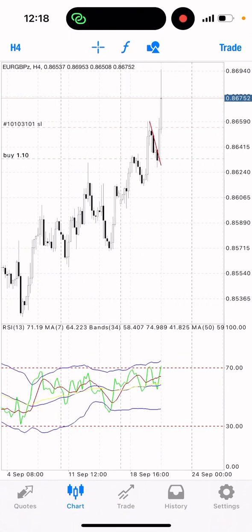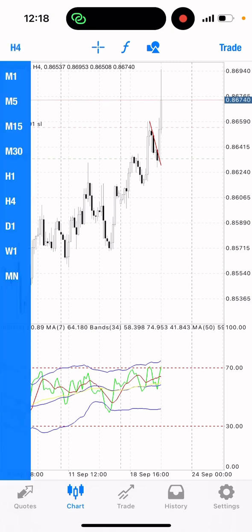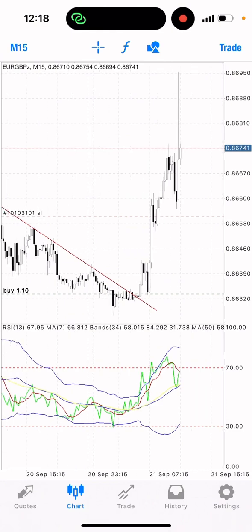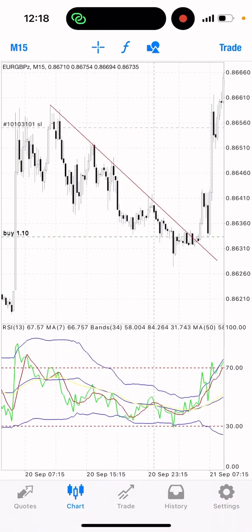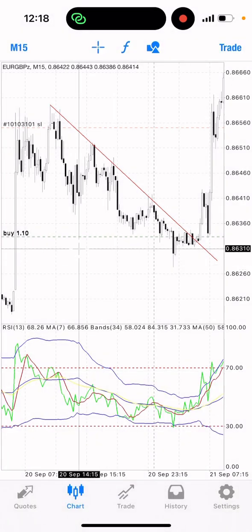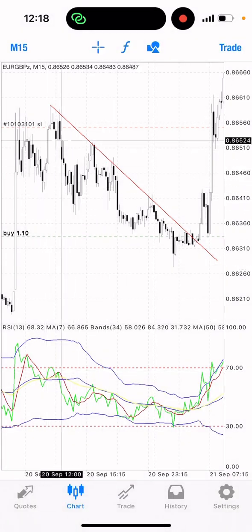Anything we need to look for on the TDI indicator on the lower time frames, like the M15 and the M5, we have to be searching for buys on the M15 and M5. So I went down to M5 here. We see that here the market was descending downward.